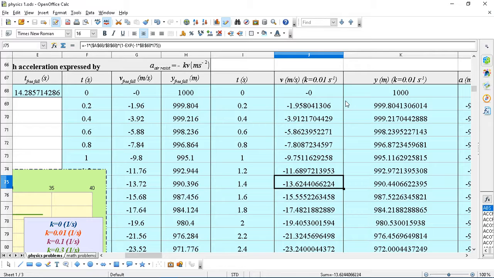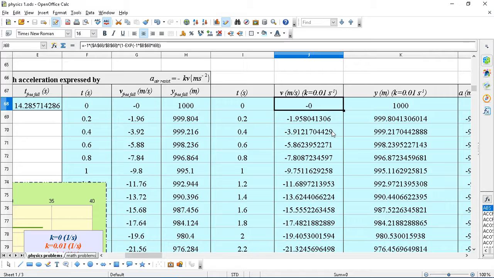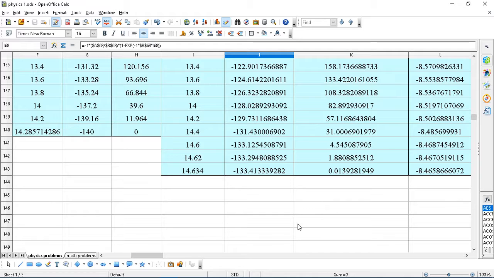You can see, as before, we drag down the fill handle, remember, down to the value of time such that when we check the height or the position, the height above ground, we can get as close to 0 as possible.